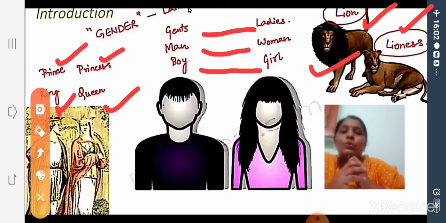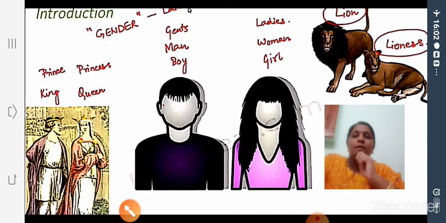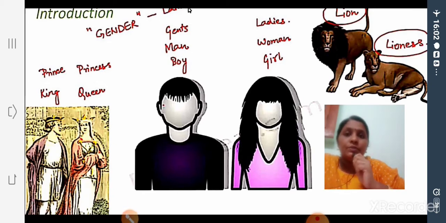Okay, so actually this term gender is derived from a Latin word which means kind of or category of. Okay, now let us discuss the different kinds of genders in English. What are they?